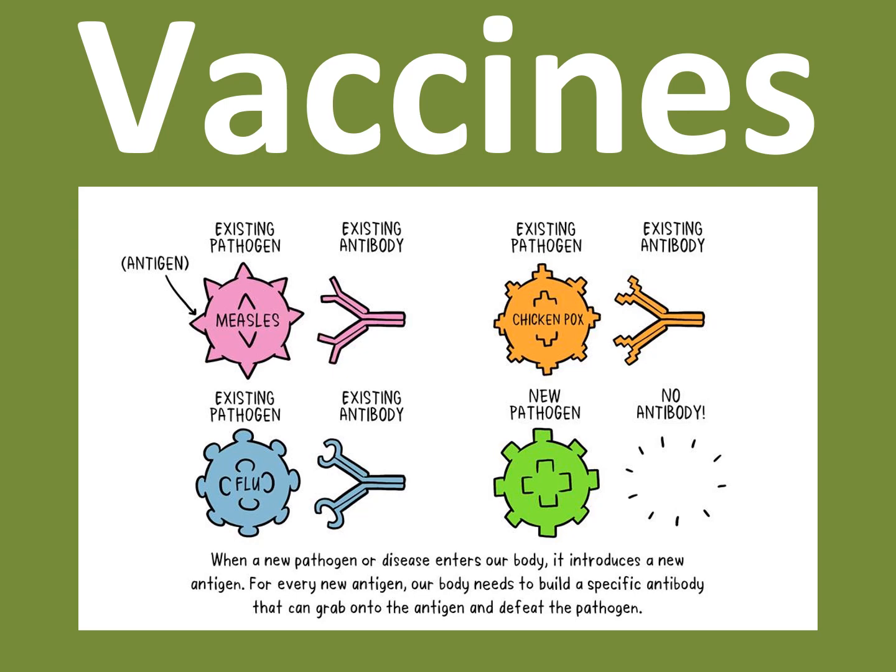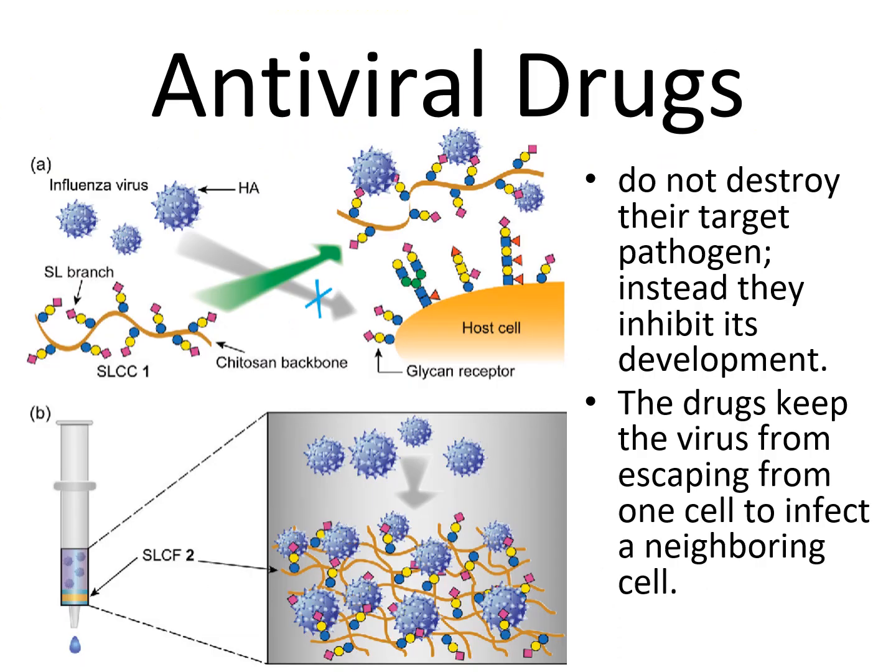Same thing for the chickenpox and the flu and whatever pathogen. However, when you get a new pathogen, there's no antibody, and so that's when you get sick and your body has to build up a new resistance so that it can develop the antigen for that.